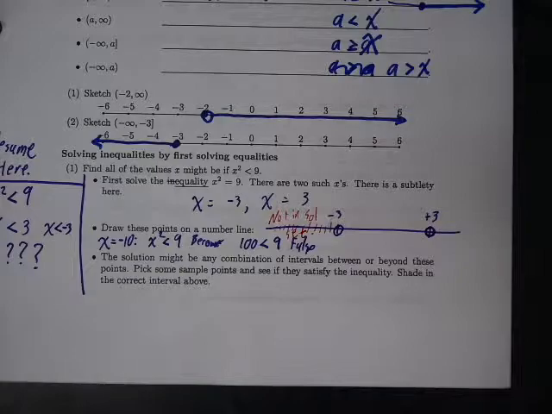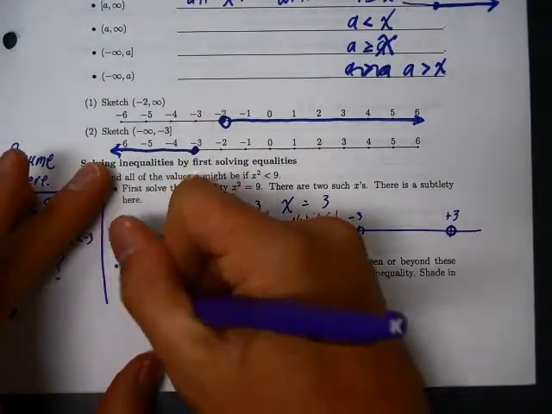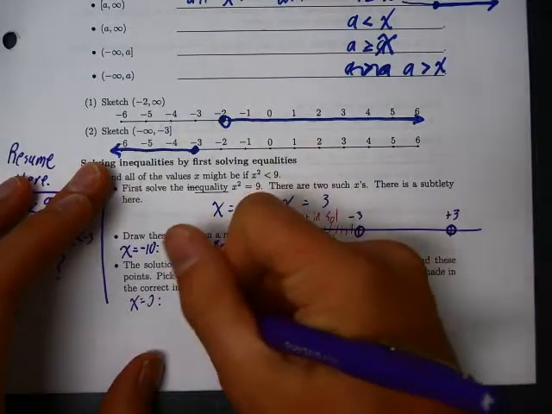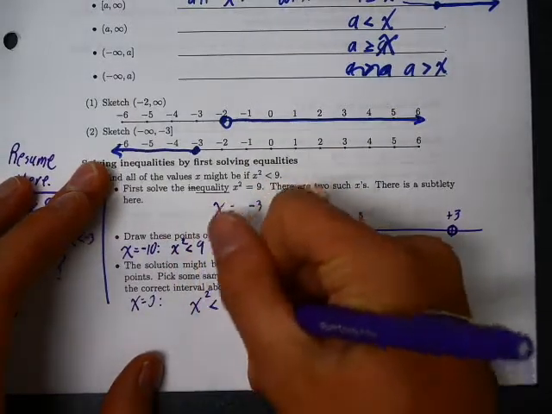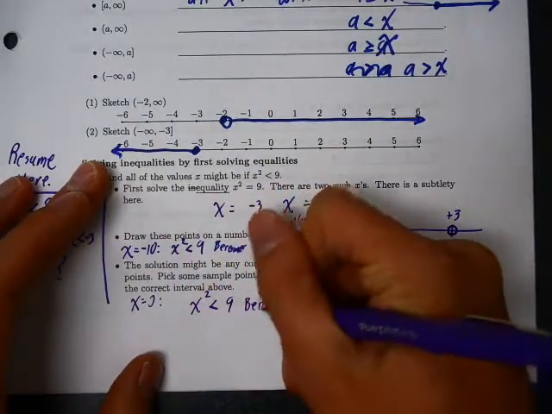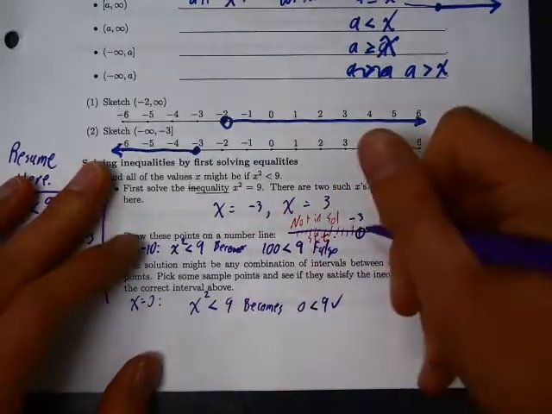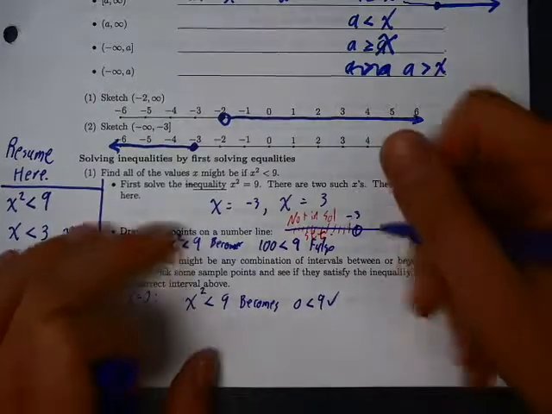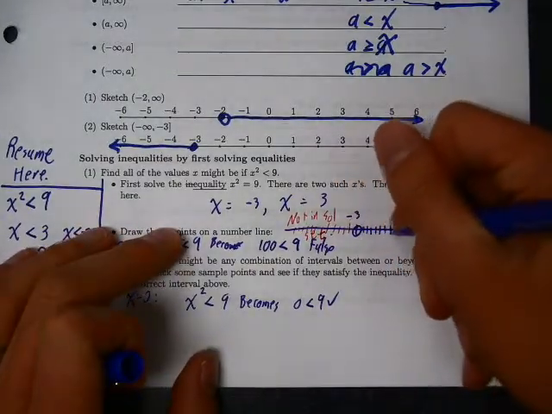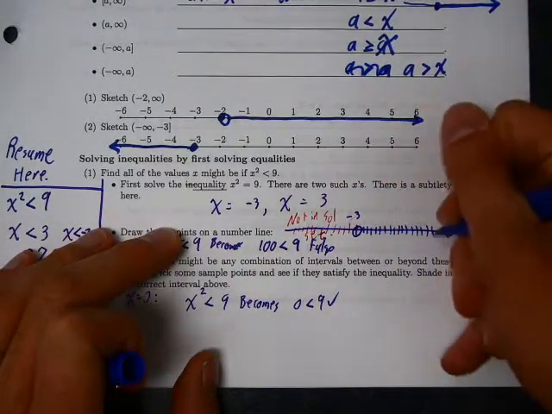Whichever one you chose, I'll go with x equals 0 because that's the easiest. x squared is less than 9 becomes 0 is less than 9, which is true. So all of these numbers between -3 and +3 are in fact in the solution set.